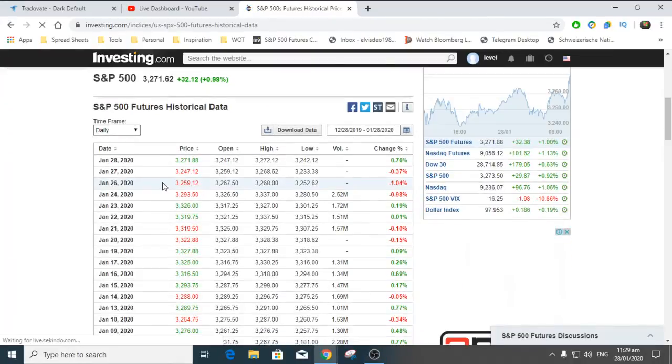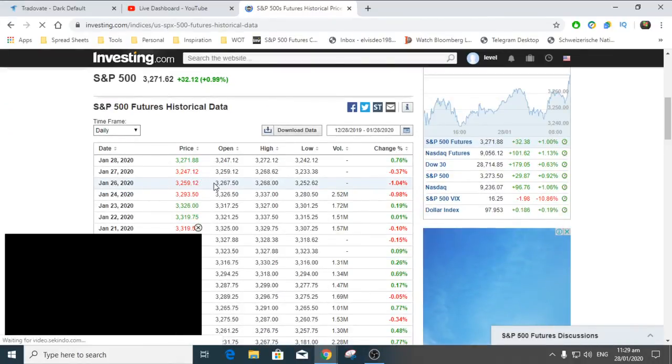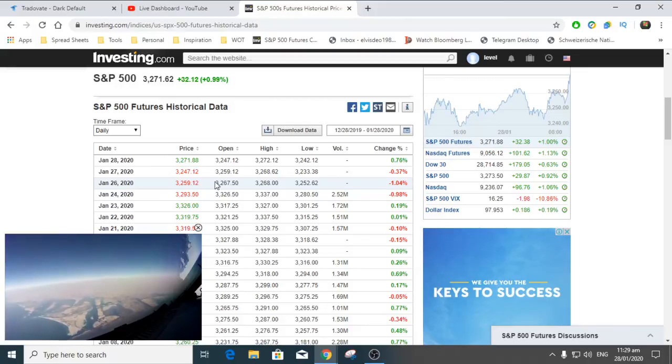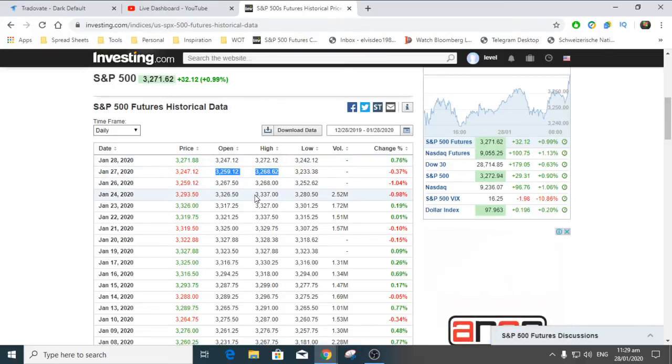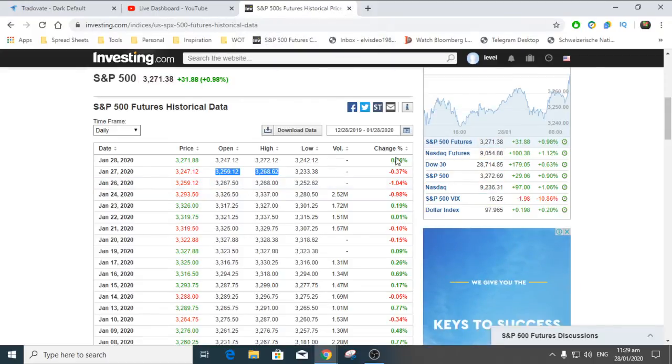Right, find the open for the 26. Right, open and high right there. So we know exactly where we located in the market.